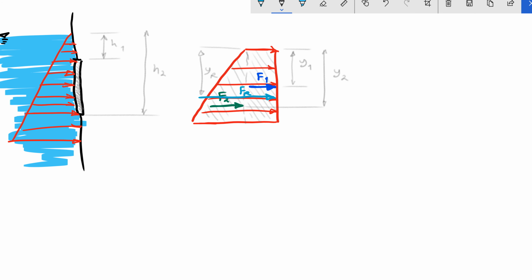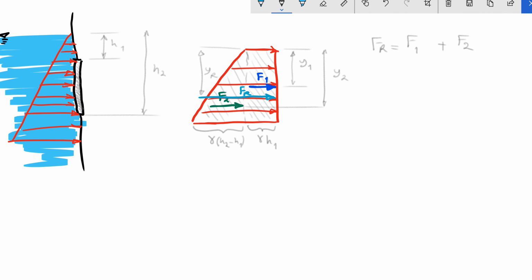First of all, we know what this distance is. We talked about it at the beginning of this review. It is gamma H1, because of the top area. This piece is going to be gamma times H2 minus H1, because I already considered the H1 part. Now everything is really easy. The resultant force is going to be the combination of F1 plus F2.